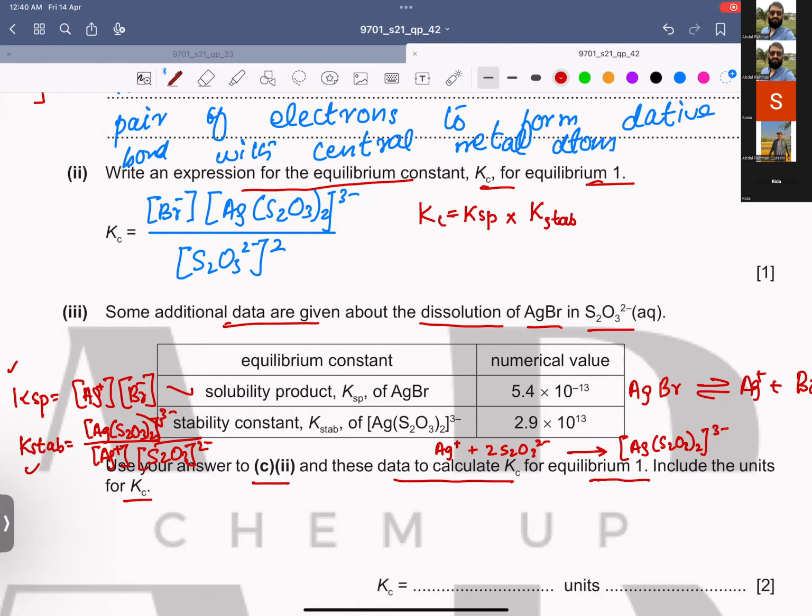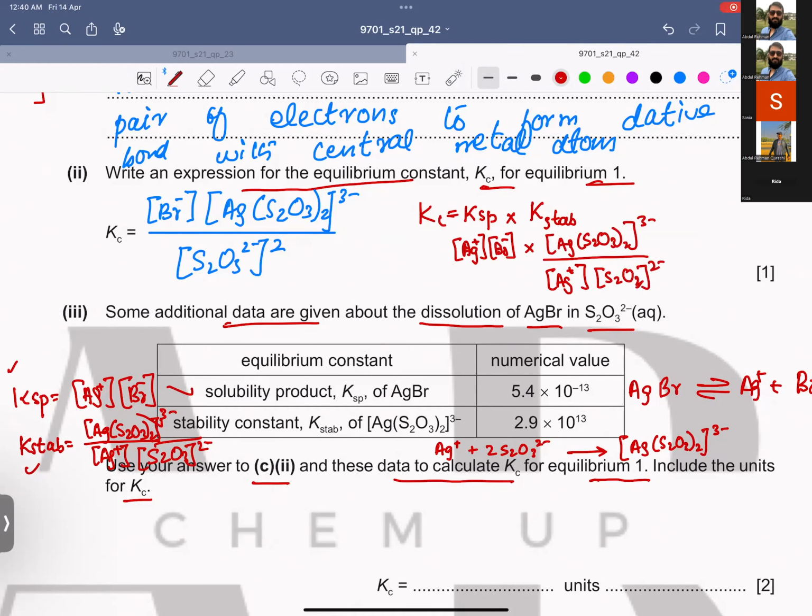If it's Ksp, then it's the concentration of Ag positive ion times the concentration of bromide ions, multiplied by Kstab, the concentration of the complex divided by the concentration of Ag positive and the square of the concentration of S2O3 2 negative.